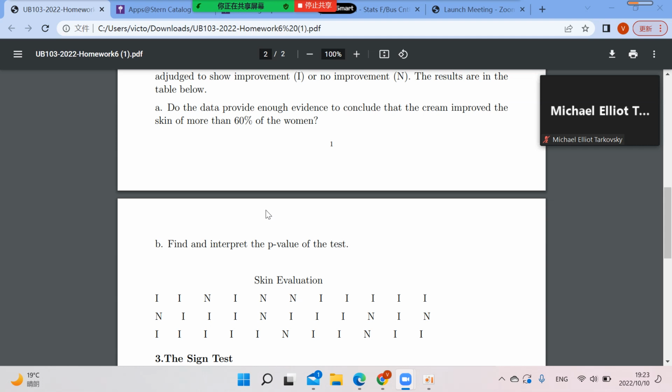The mu is just 60% in this case, because I'm assuming the population mean is just 60%. So that's my mu. And then I get my z-score. If that z-score is abnormally large, which means there's a very small possibility, lower than 5% possibility, that the population mean is actually 60%, so I reject the null hypothesis, saying, all right, the population mean is actually higher than 60%.